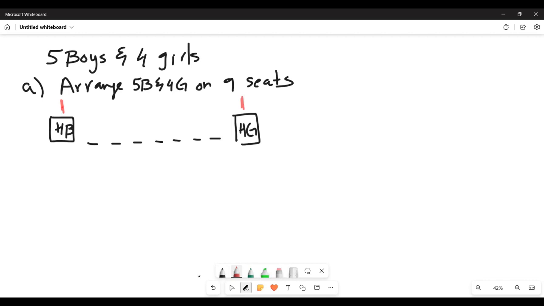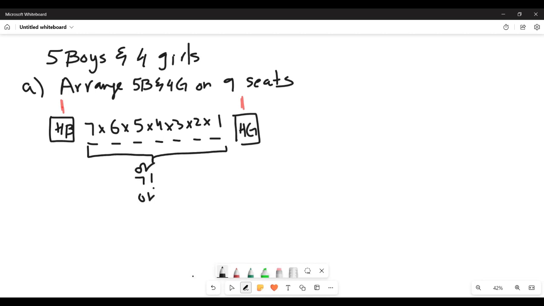Now 7 people are left behind. Here 7 can come, here 6, 5, 4, 3, 2, 1. Either multiply this, or 7 factorial, or 7 people on 7 seats, 7P7. 7P7 is 5040.